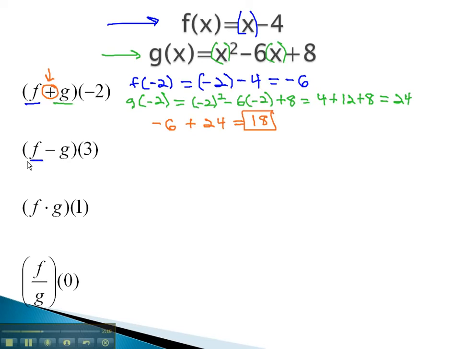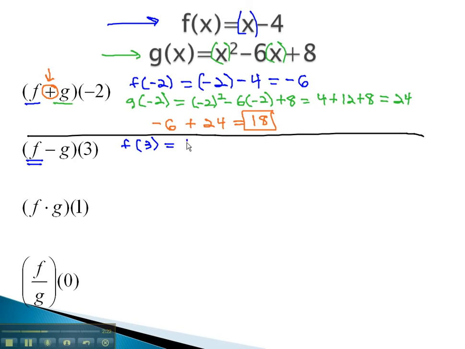Let's try a subtraction problem, first plugging 3 into the f equation. f of 3 means we plug 3 into f, giving us 3 minus 4, or -1.